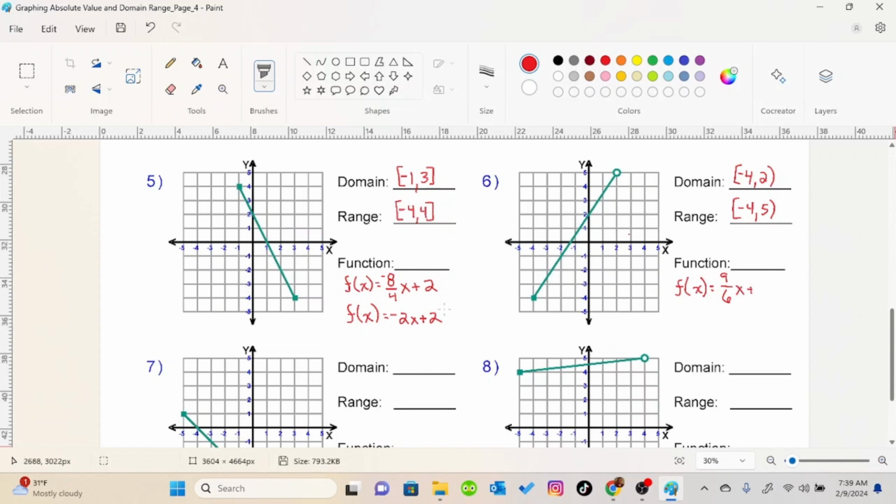And we cross the y-intercept at 2. We could simplify this. 9 over 6 is 3 over 2. So our function is f of x equals 3/2 x plus 2.